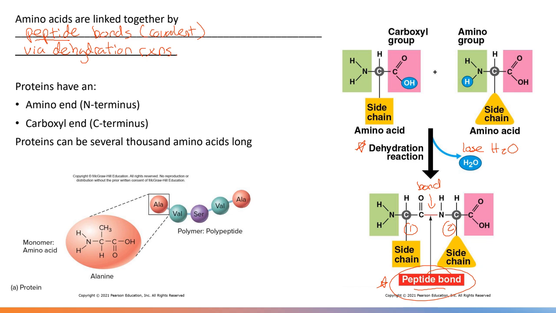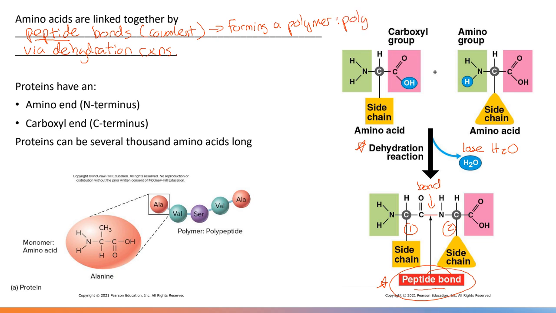So let's just say that amino acids are linked together by peptide bonds, with the goal of forming a polymer. This polymer is called a polypeptide.